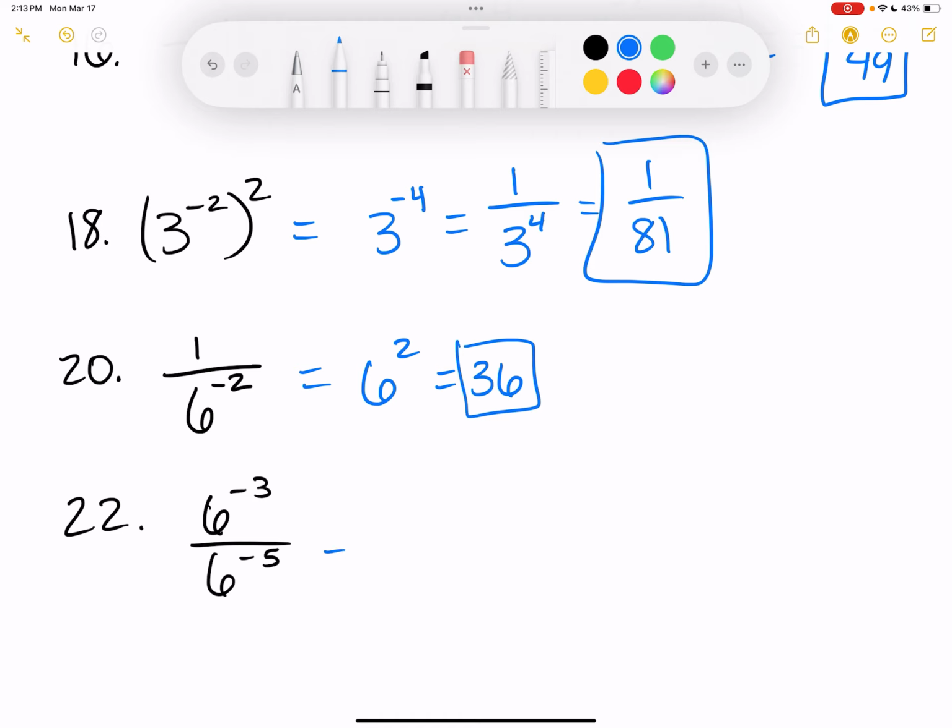So this becomes 6 to the negative 3 plus 5. I'm moving this one up here by changing the sign. So this becomes 6 squared, which again is 36.